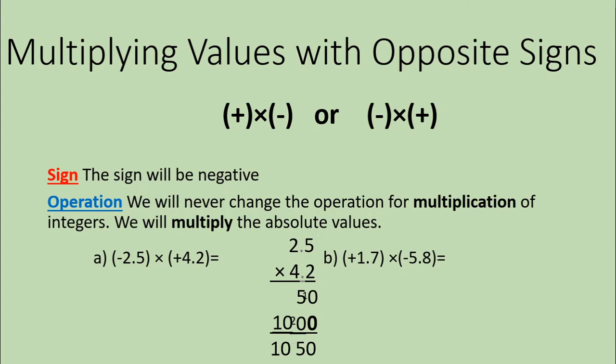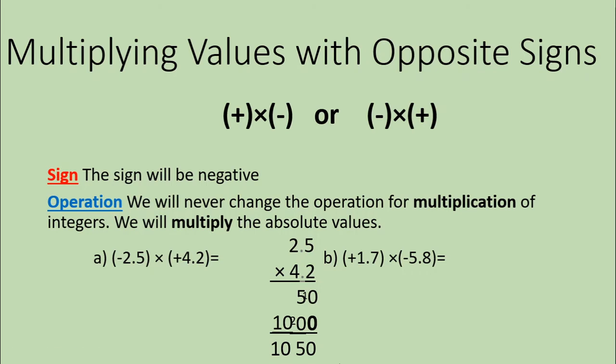Now, obviously, 2.5 times 4.2 is not 1,050. I need to worry about the placement of my decimal. Remember our rule? Look at the number of digits after the decimal point in the question. There's a 5 after the decimal point for 2.5, and there's a 2 after the decimal point for 4.2. That is 2 digits in total. So my answer will have 2 digits after the decimal point.